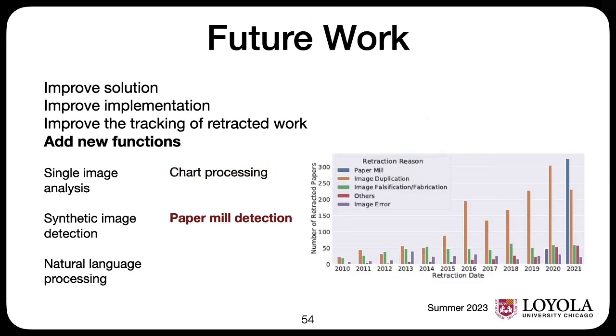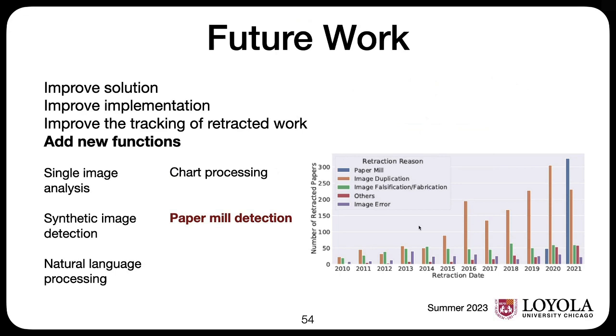And finally, paper mill detection. As I mentioned, we are now seeing hundreds and maybe thousands of papers being published automatically, being fabricated and submitted to all sorts of conferences, and some groups are even selling authorship.